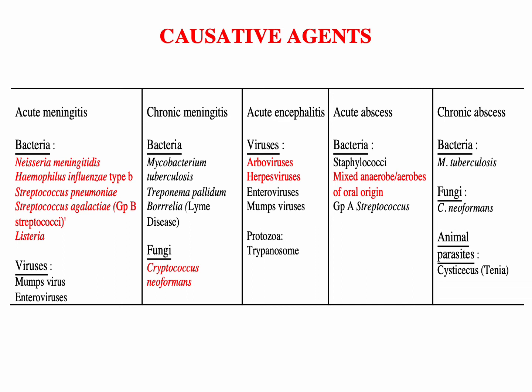Then you have abscesses. The important ones here are the mixed anaerobes and aerobes of oral origin. These are a group of streptococci that are part of the normal flora colonizing the buccal mucosa in some cases, or the gum line.